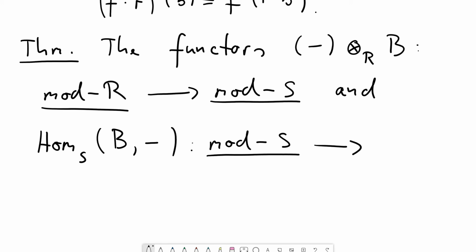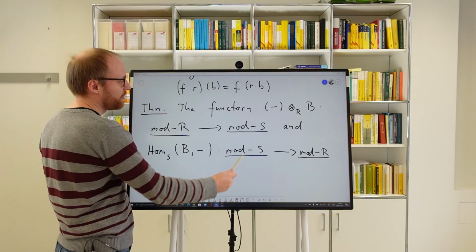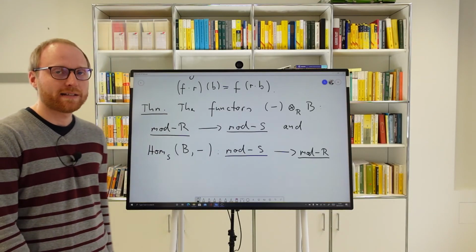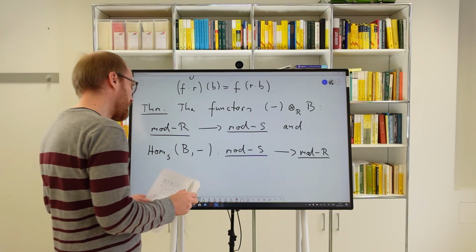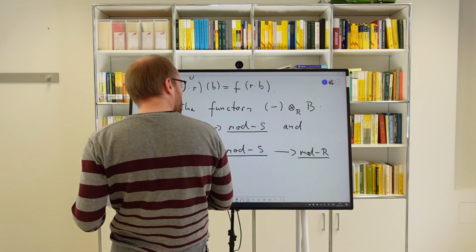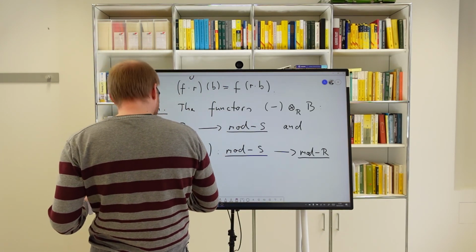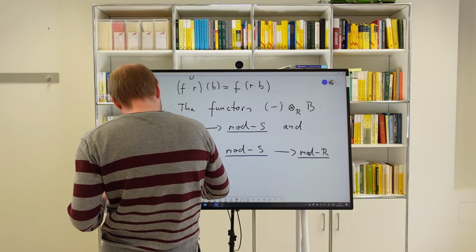And if I plug in such a right S module here, I just told you above that I come up with a right R module structure on this Hom set. So this goes to mod R. It is confusing, yes. Okay, so this is the good thing, that's what we need. So these two functors go in opposite directions, so they have a chance to be adjoint functors of one another, and they actually are. So these are the functors, this and this are adjoint.